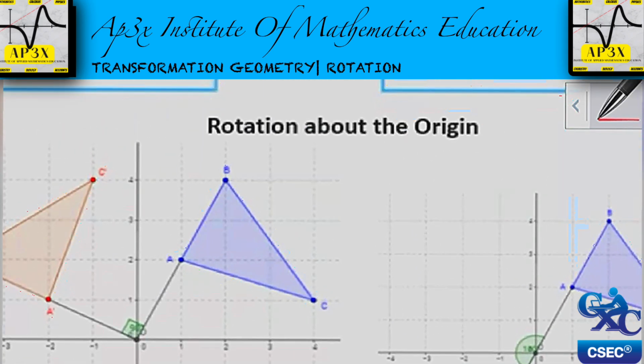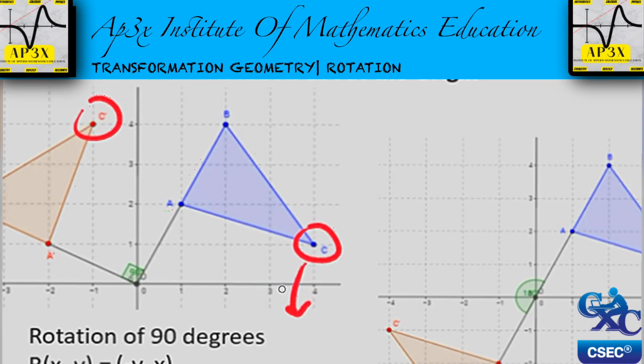Now let us observe this from a numerical perspective. I'm going to be making a comparison between point C and C prime up here. Point C works out to be 4 to my right and 1 up. Then by comparing it to its image, you'll recognize that to get to C prime, you have to travel -1 and up 4.